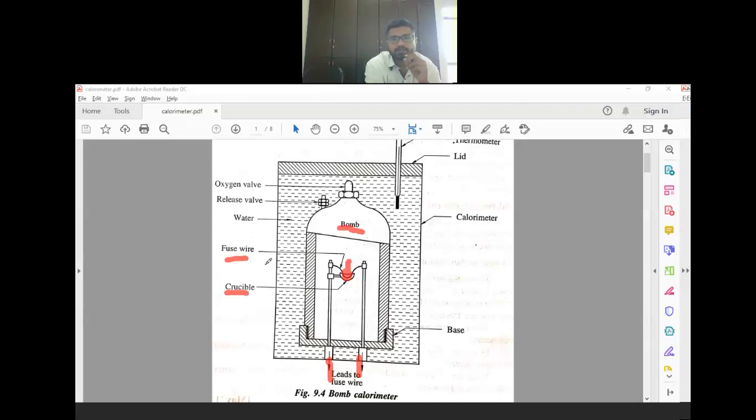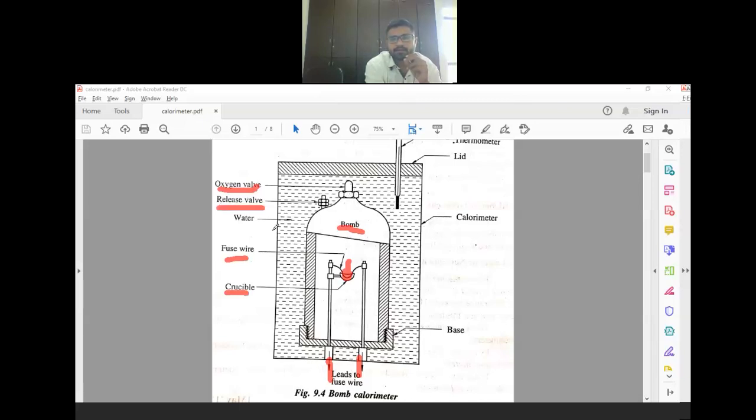In combustion we all know that oxygen is required. Without oxygen combustion cannot take place. So before combustion you have to insert or supply oxygen into this bomb or tank. You can supply oxygen from here.